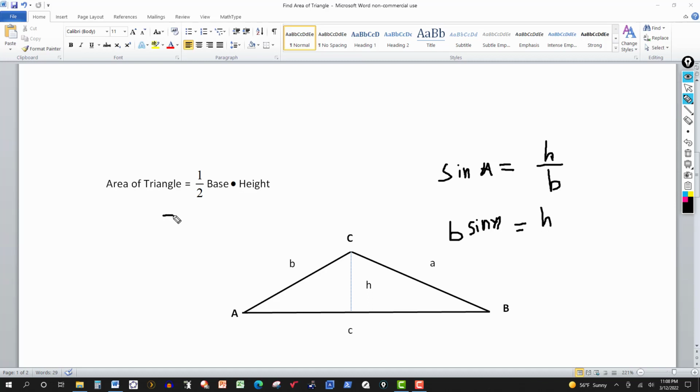So let's fill it in here. This is going to be 1/2. So the height here is b sine A, the base is c. So let's just put those together, cb or bc, sine of A.